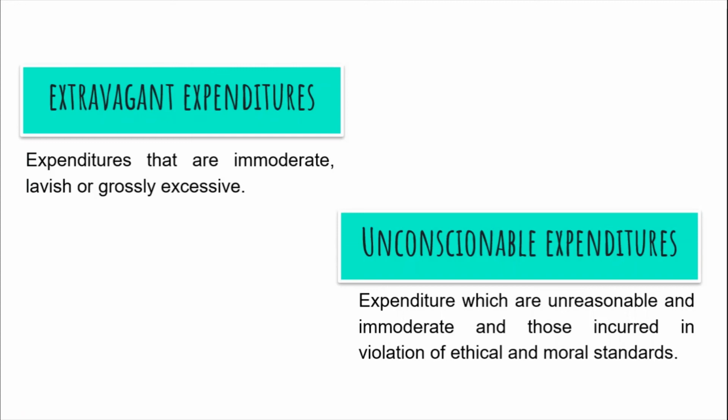Next one is the unconscionable expenditures. Expenditure which are unreasonable and immoderate and which no man in his right sense would make, nor a fair and honest man would accept as reasonable. Those incurred in violation of ethical and moral standards. So, example is yung giving of unreasonable bonuses to public officials and employees na hindi naman nakasaad sa kahit anong batas.